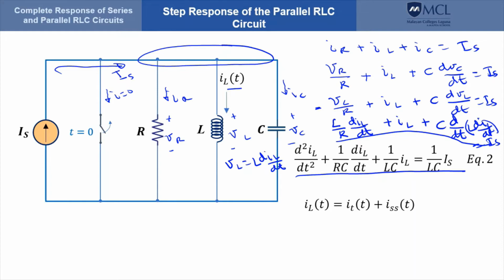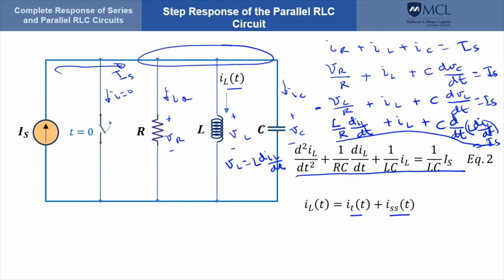So it's again a second order differential equation in the variable I sub L. And that will yield again a complete solution that contains a transient component and a steady state component.